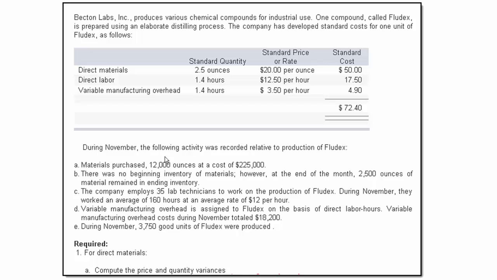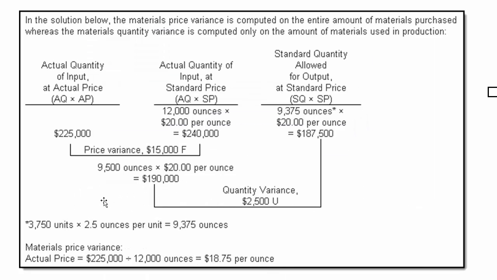So what was actually used was the 12,000 less the 2,500. All right? That's how we come up with the 9,500 ounces used. So 9,500 times 20 gives us 190,000, and that's what we're going to use to compare to the 187.5, and that gives us a quantity variance of 2,500.